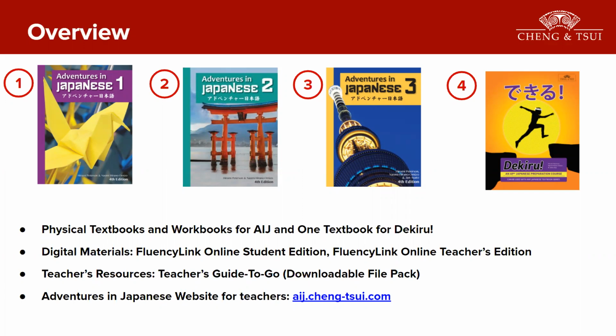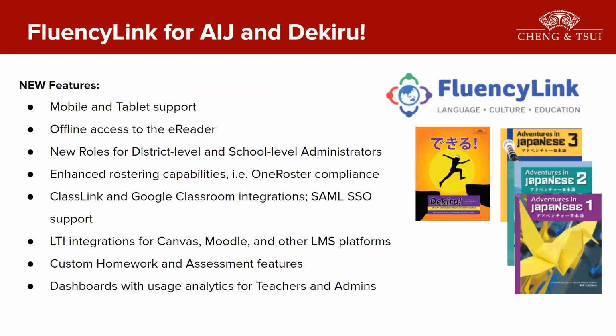AIJ components include hardcover textbook, paperback workbook, teacher's guide file download, a supplemental website, and also Fluency Link digital textbook and workbook. Fluency Link is the newest digital platform from Qing and Sui.